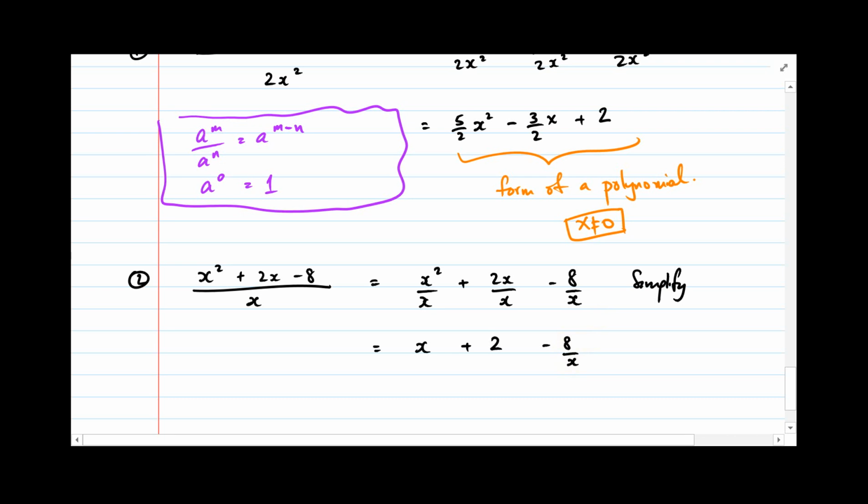The fact that we're left with something over x makes this not a polynomial. So the result is not a polynomial. Even though we had a polynomial being divided by a monomial, we did not end up with a polynomial. Sorry about spelling there.